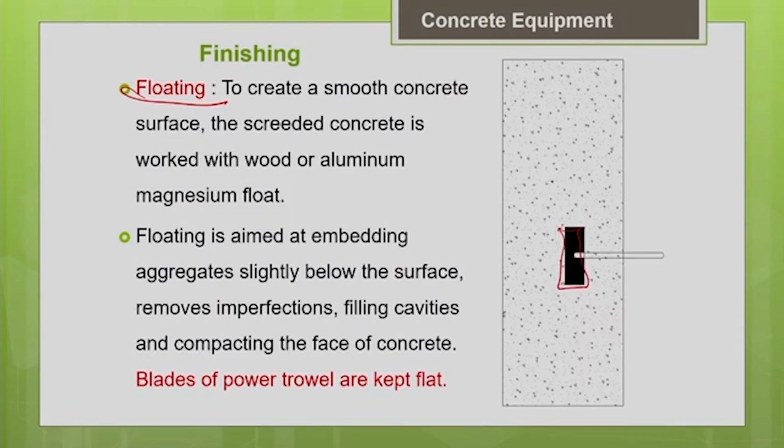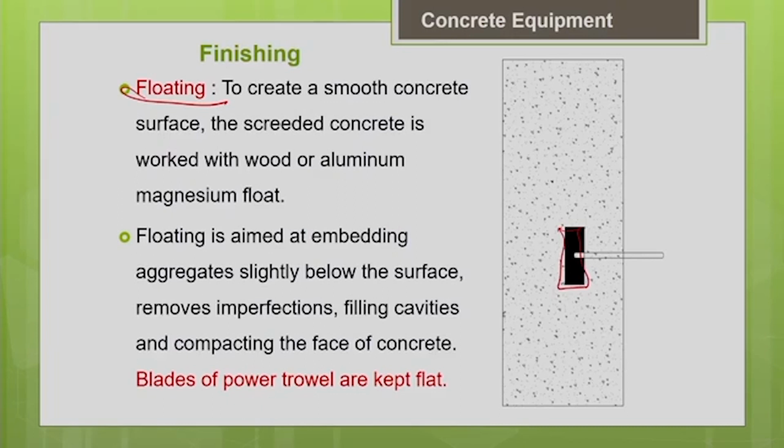If there is any protruding aggregate, you push it inside and level it. If there are any undulations or differences in the levels, you can level them and fill any cavities or voids. That is the main purpose of floating.